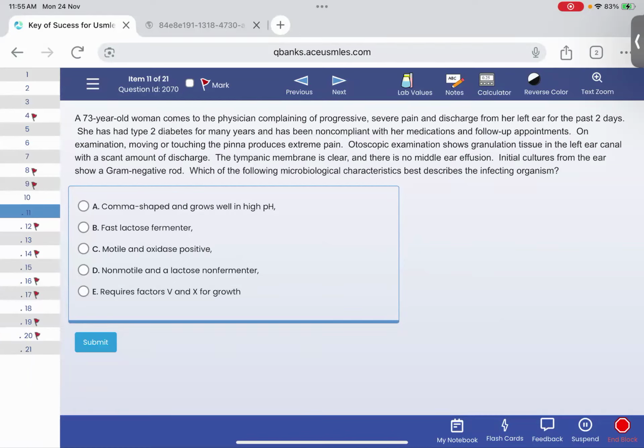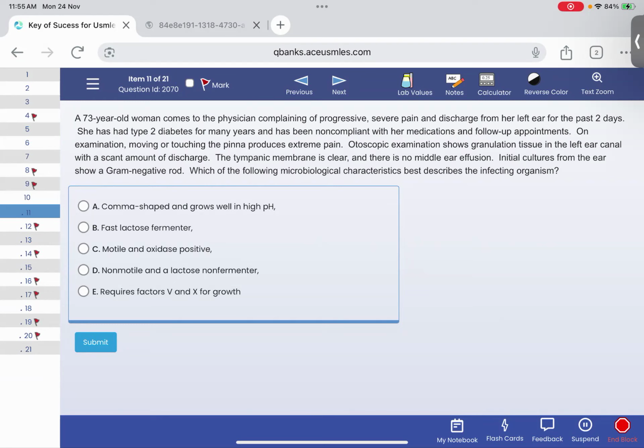Which of the following microbiological characteristics best describes the infecting organism? A 73-year-old man comes to the physician complaining of progressive severe pain and discharge from his left ear for the past 2 days. He has had type 2 diabetes for many years and has been non-compliant with his medication and follow-up appointments.